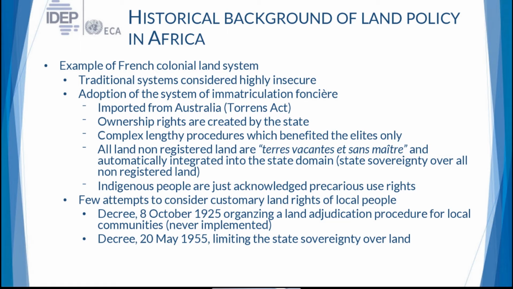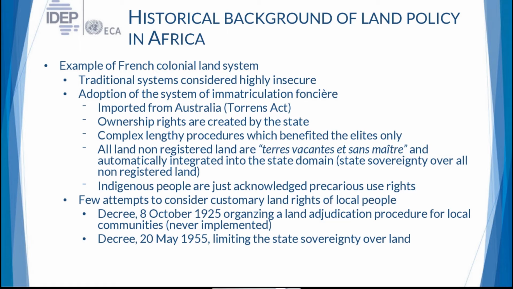You can see that those procedures were not adapted for the local people, and as a result, it benefited mainly the urban elites and the colonial companies. The Torrens system considered that all non-registered land is what they call terre vacante et sans maître, meaning vacant and untitled lands.